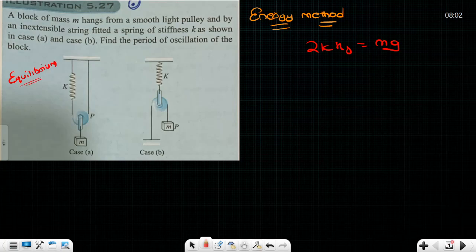When you are not disturbing, spring will elongate some distance to balance the weight. So let's say the spring elongated by x naught. Then if it's elongated by x naught, tension is kx naught. So 2k x naught downward will balance the weight. This is the first conclusion.